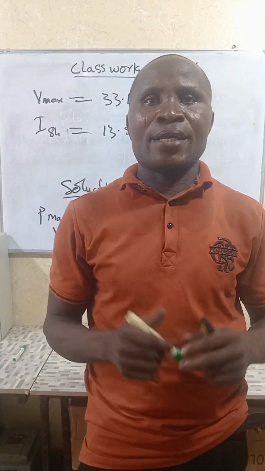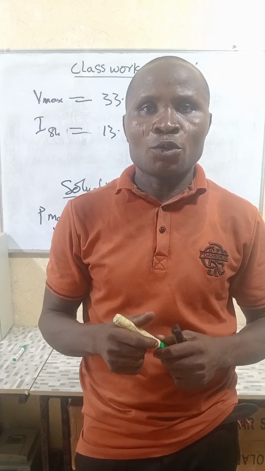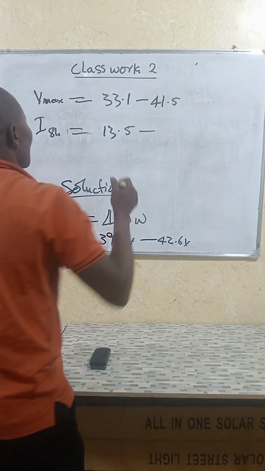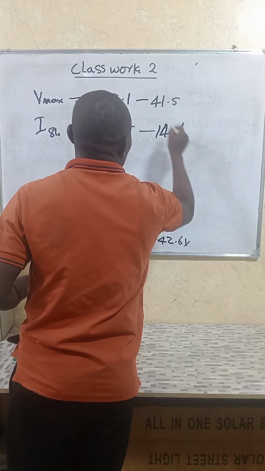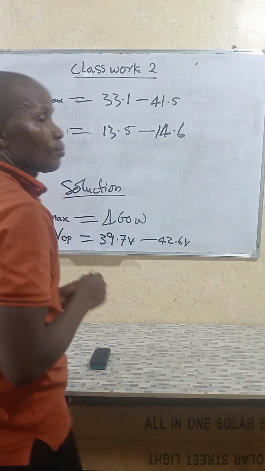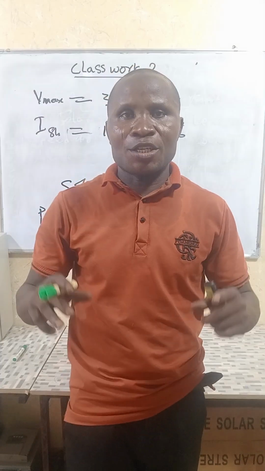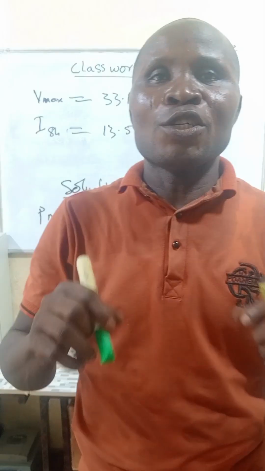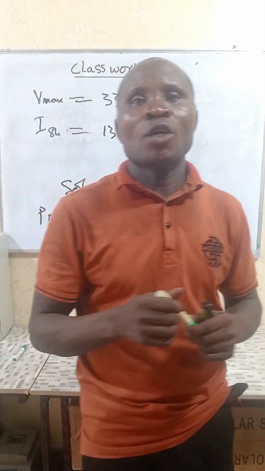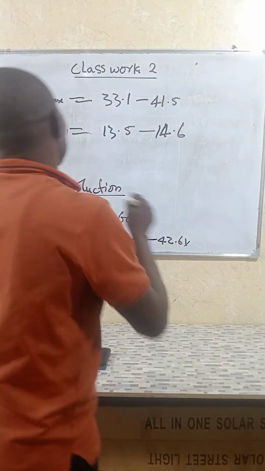Short circuit current is 13.5 to 14.6. After the short circuit current, we are looking at the maximum power current, 12.8 to 13.9.